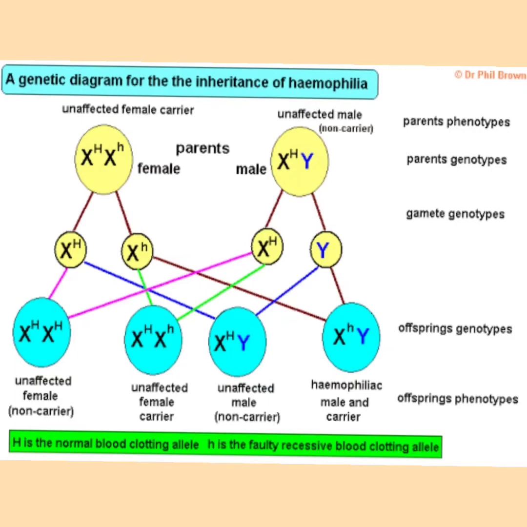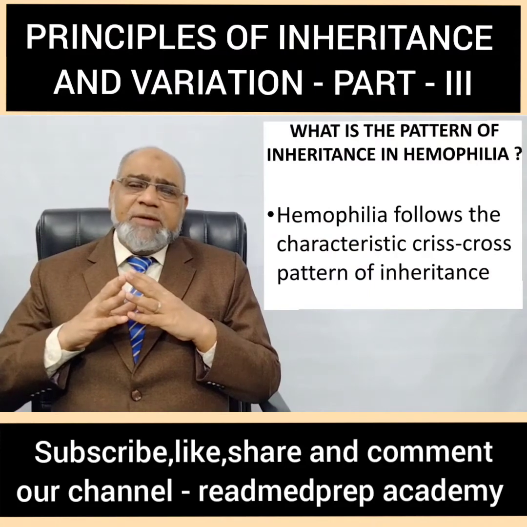There is an unaffected male, and there is a hemophilic male with a small recessive allele for hemophilia. Capital H represents the normal blood clotting allele, whereas small h represents the recessive allele for hemophilia. What is the pattern of inheritance in hemophilia?